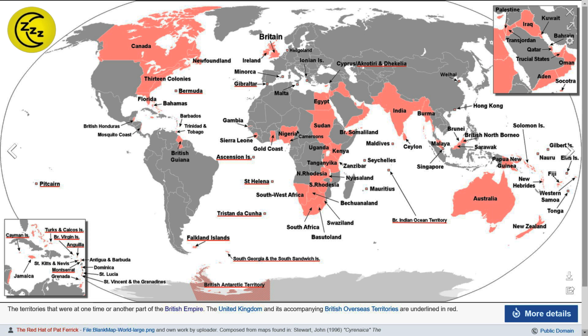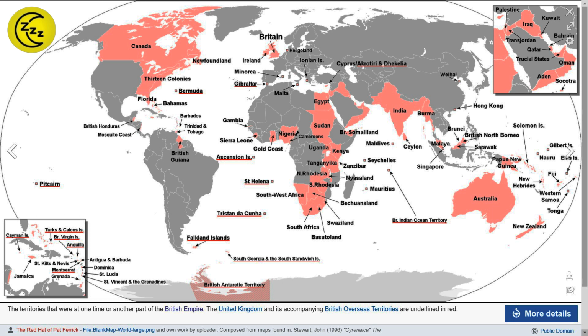These colonies obtained such complete control over their internal affairs that in 1907 they were granted the new status of dominions. In 1910, another dominion, the Union of South Africa, was formed from the Cape Colony, Natal, and the former Boer republics of the Transvaal and the Orange Free State.